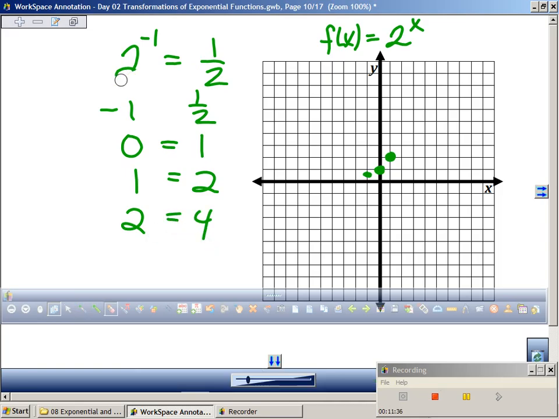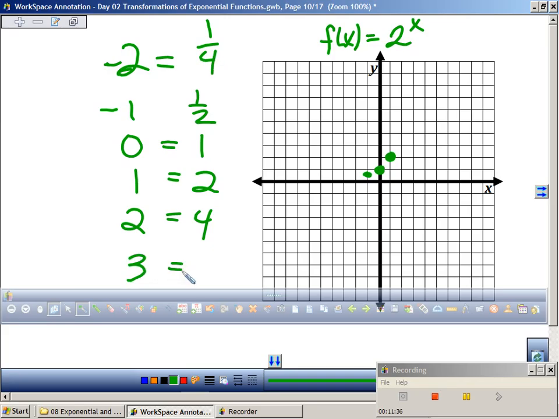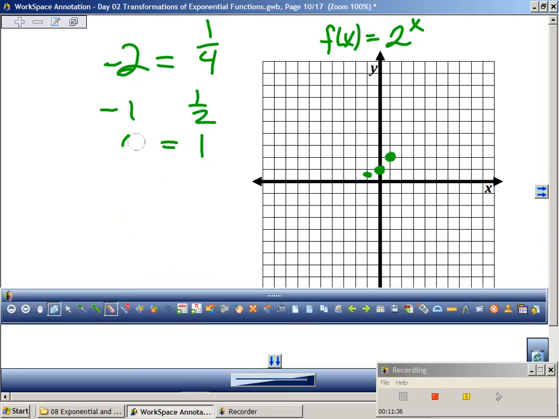If I put negative 2, what am I going to get? 1/4. If I put 3, I'm going to get what? Not 9. 2 cubed is 8. So what's negative 3 going to be? 1/8. Remember how we talked about that yesterday? Okay, good. So remember that.